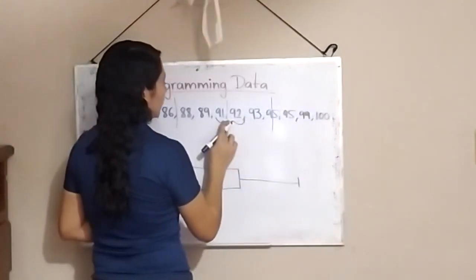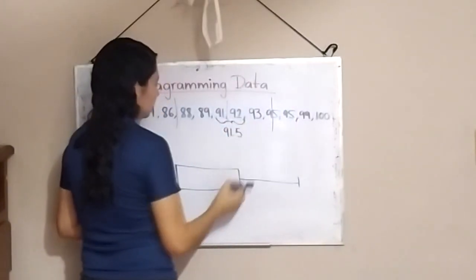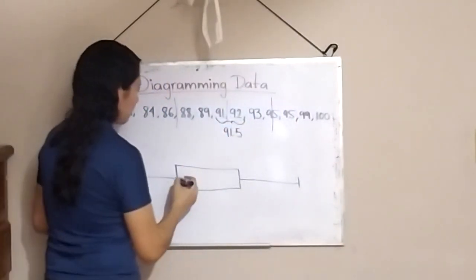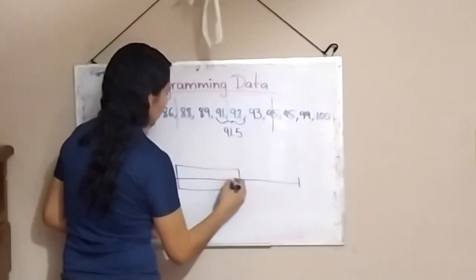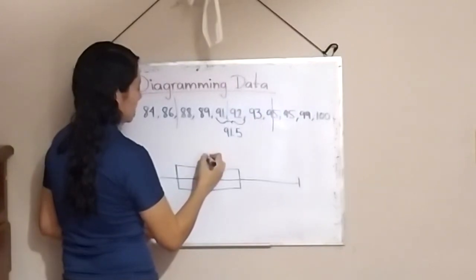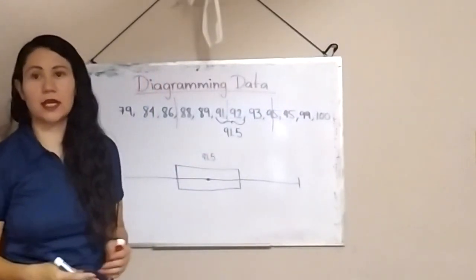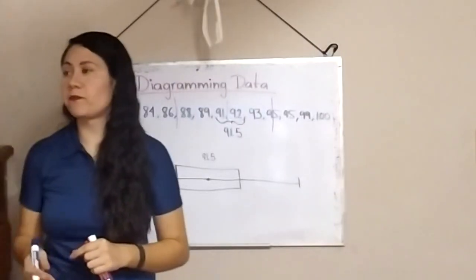The average of 91 and 92 is 91.5. So our middle quartile is going to be in here, and we are going to label it as 91.5. That is our middle quartile.